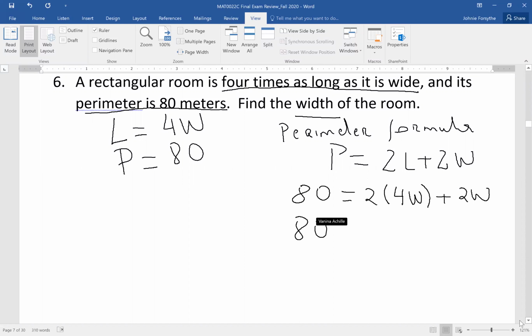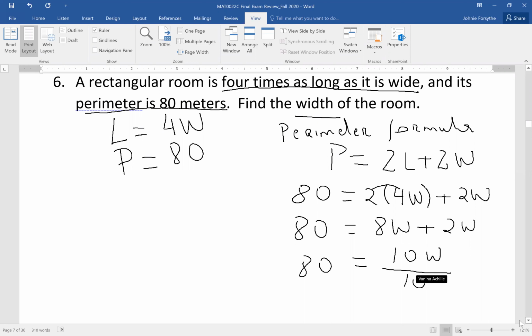So 80 is equal, distribute, that gives me 8W plus 2W. 8W plus 2W is 10W. I'm going to divide by 10 to cancel this 10 here, do it on both sides. So my W, my width, is 8, which is what they asked me for.